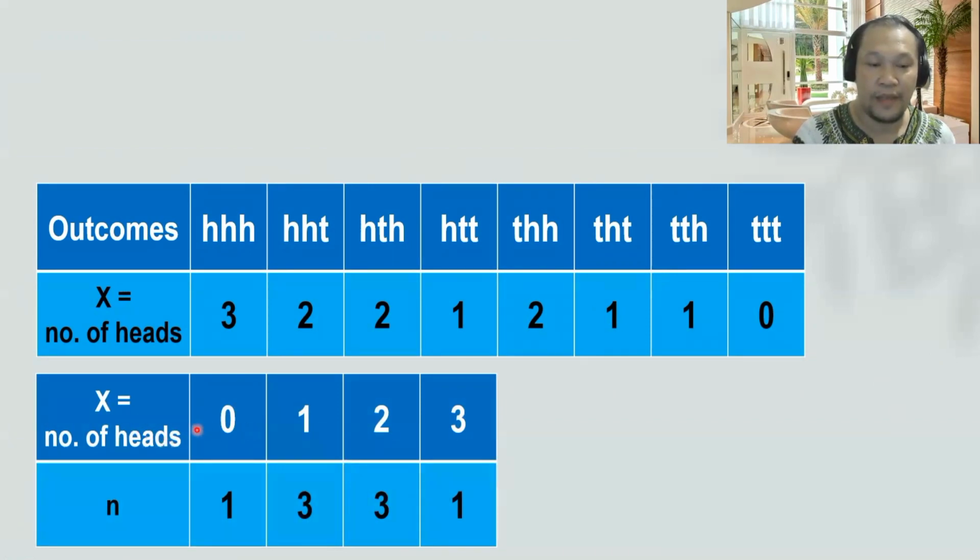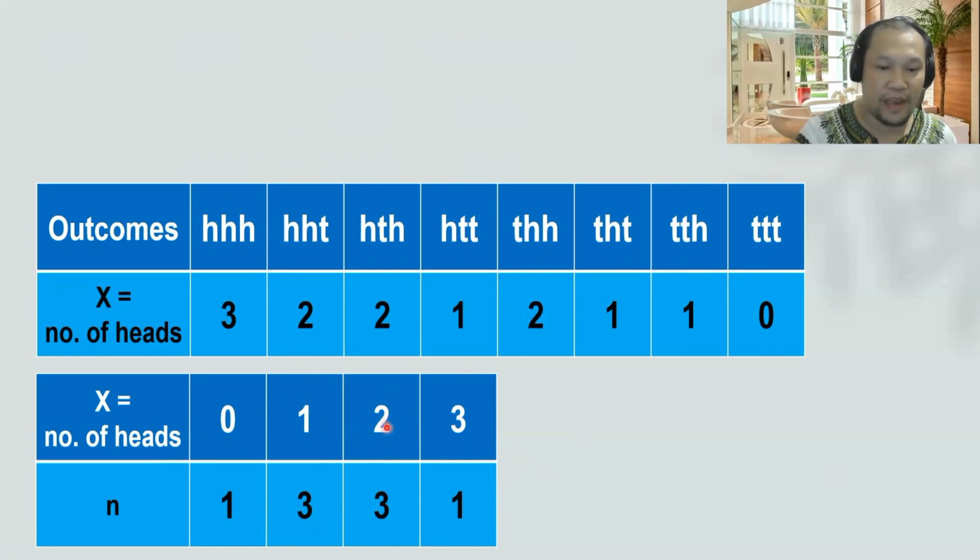For example, if X is equal to 0, how many outcomes do we have? We have 1. If the number of heads is equal to 1, how many outcomes contain 1 head? We have head, tail, tail; tail, head, tail; and tail, tail, head, and we have 3.